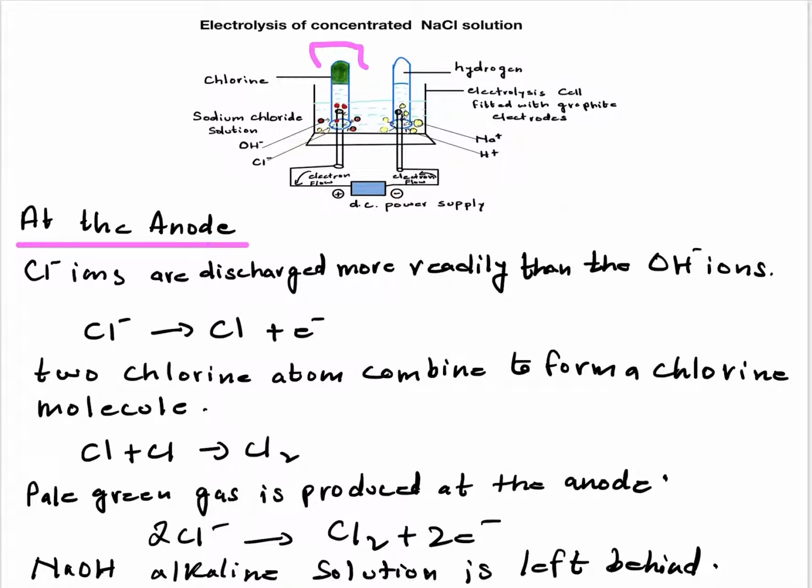Therefore, the solution will become alkaline, and we can find it out by adding an indicator to the solution. So we have the products: hydrogen, chlorine, and sodium hydroxide. So this is how we obtain sodium hydroxide and the two gases, hydrogen and chlorine. So I hope you have understood it.